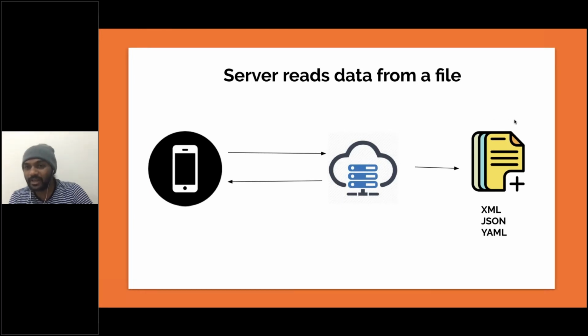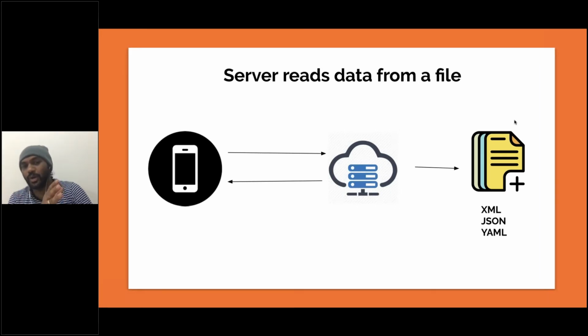Whenever I get the request from the UAE, or whenever the application is launched from the US or from somewhere else, that specific information we are going to capture in the file system. So what is this file system? This file system can be XML format, JSON format, or YAML format. Maximum people use JSON or YAML.